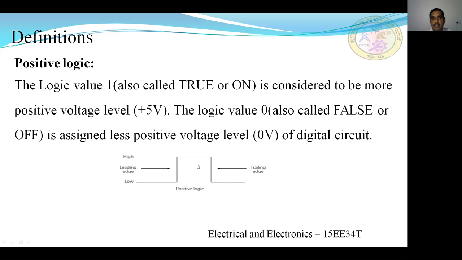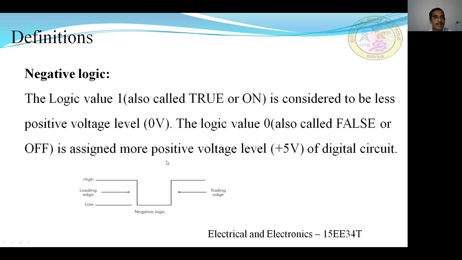So this is the on condition and this is the off condition. If we take a pulse, this is the low state, this is the high state, this is the leading edge, this is the trailing edge, or we can call it the rising edge and falling edge. This is called positive logic.